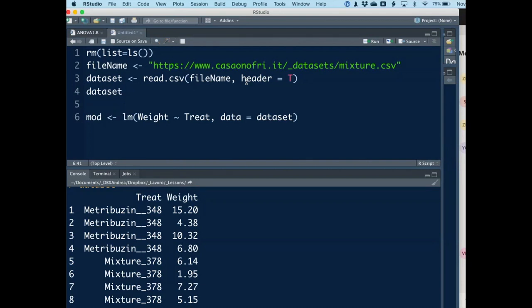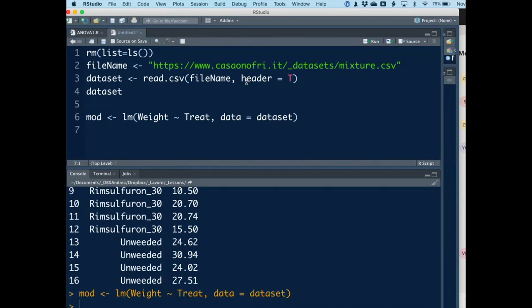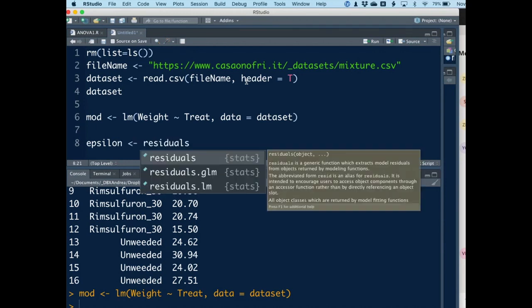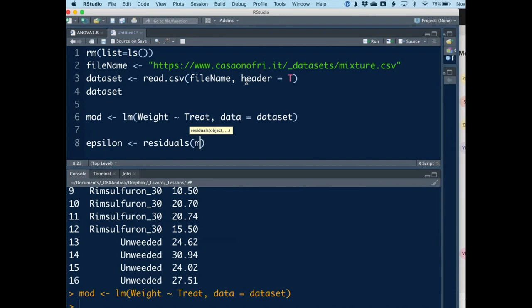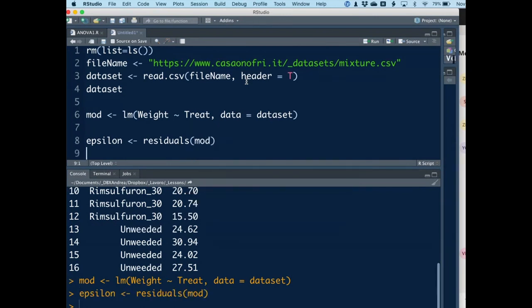So we fit the model, and we need to check the model. And we need to check the residuals. The epsilon are obtained by using the function residuals. Residuals from model. That's quick.